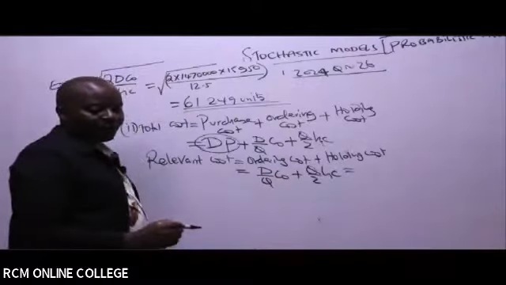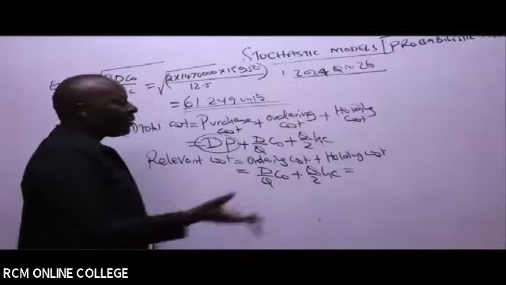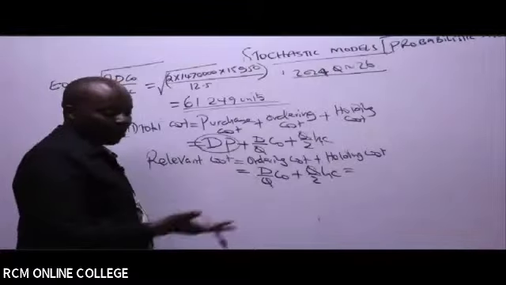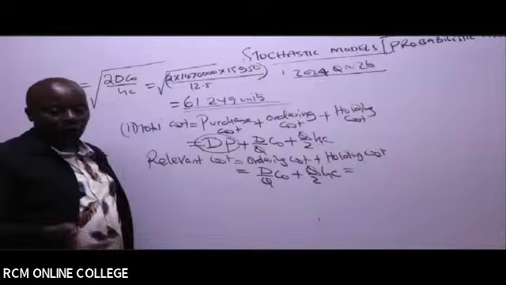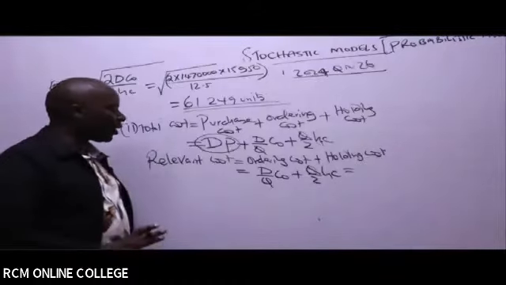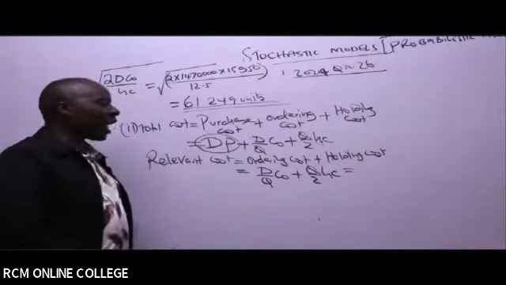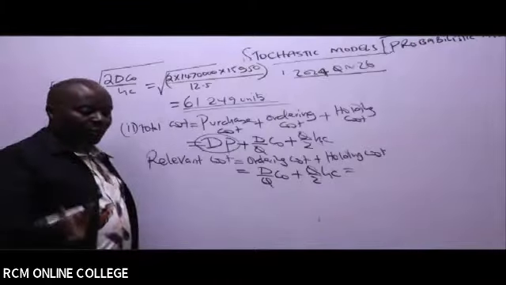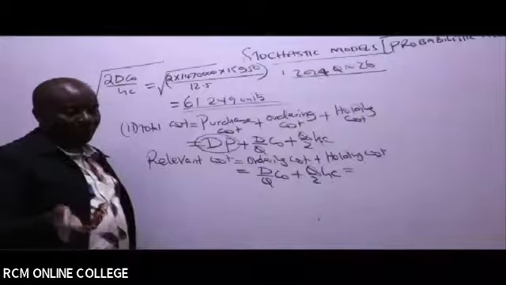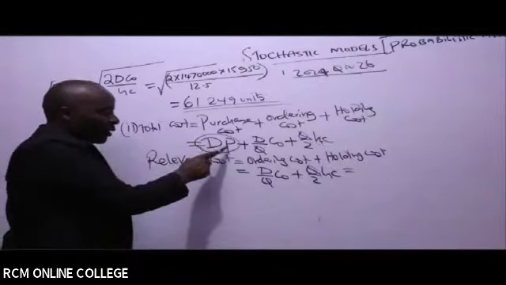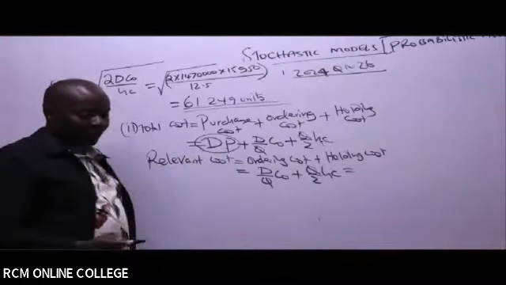All right. So can you kindly, ladies and gentlemen, plug in the numbers, and we see whether we'll get the correct relevant cost. I repeat again that relevant costs are only two: ordering and holding cost, in a situation where the price will not be fluctuating.